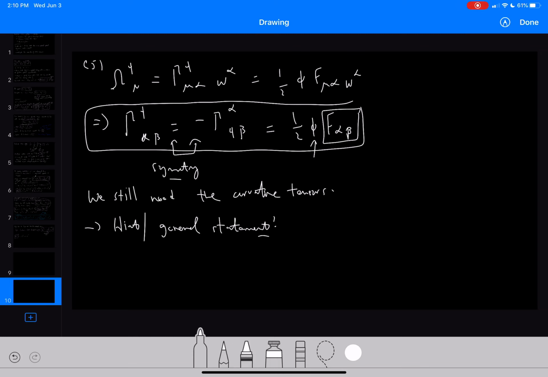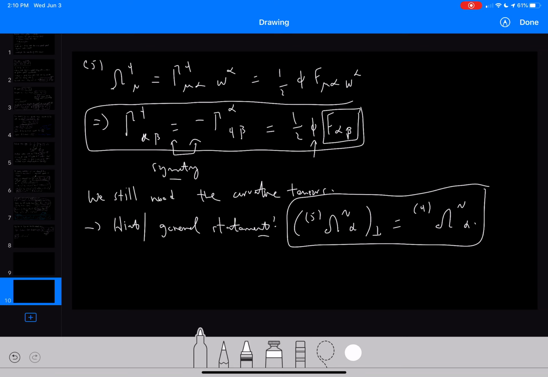The hint and general statement is the following. If I take projections of my 5D rotation forms, so let's say V alpha or nu alpha, that by definition is the fourth dimensional curvature forms. So what I'm saying by this statement is that the 4D rotation forms are precisely orthogonal projections from the 5D space, right?